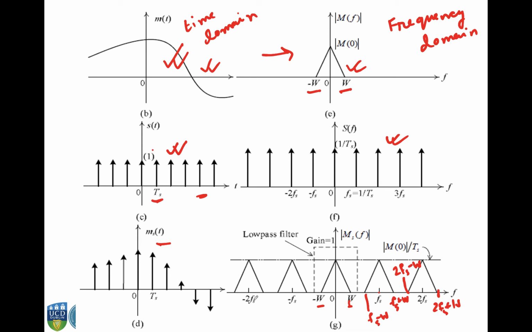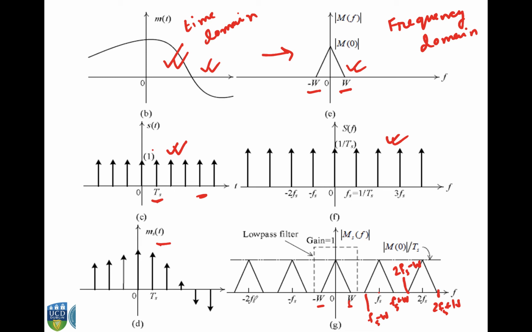At the transmitter side, you sample the signal, quantize it, encode it, and send it over the channel. When you receive it, you do the opposite: you decode the signal, dequantize, and then reconstruct from the samples to get the original signal.